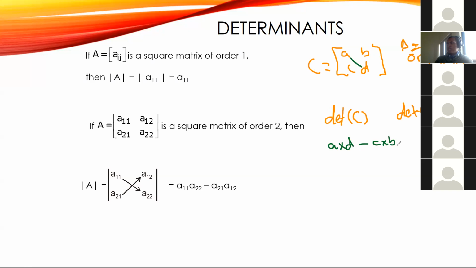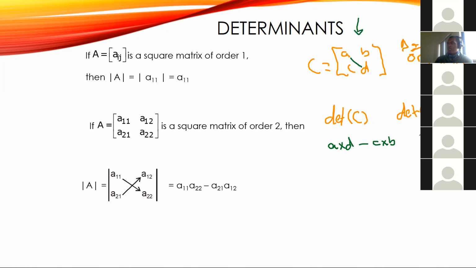So we subtract the cross-multiplication products, and we will normally end up with a scalar quantity, which means a number value. So this is just the formula we will use.